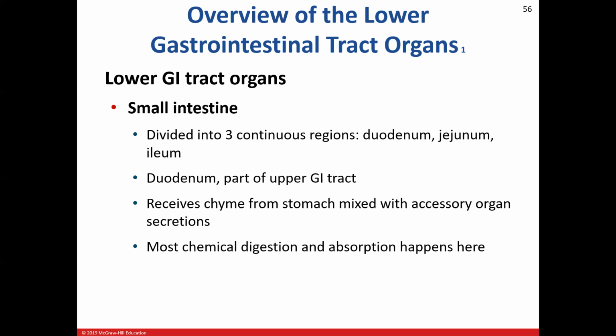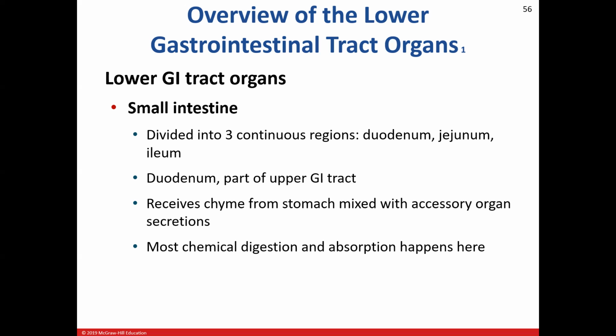As it empties into the duodenum, the duodenum also adds in digestive juices from the gallbladder and from the pancreas. So we continue to mix in some things from there.